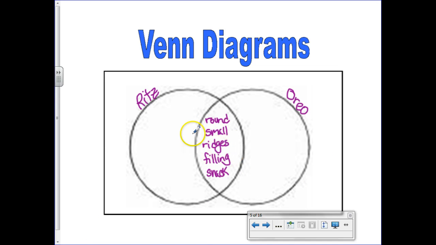All right, now things that I'm going to put in this area that are not part of this overlapped region. The overlapped region is what they share. I'm going to say that, first of all, the Ritz is more of a salty versus the Oreo, which was sweet. I'm going to say that these layers were made out of a cracker as opposed to these ones where this was more of a cookie.